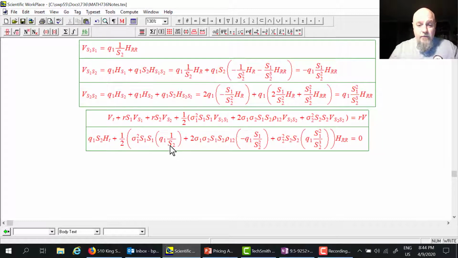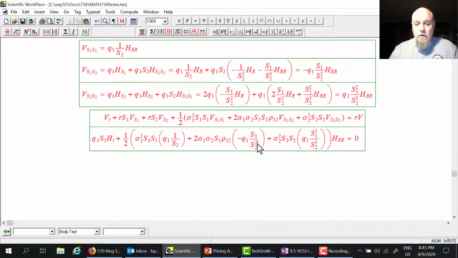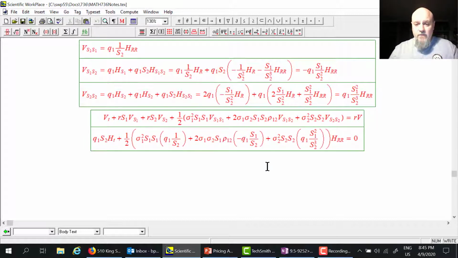Well, I can cancel this S2 with this S. Oh, no, that's S1 squared. What other sort of tidying up can I do? I can cancel one of these S1s. I can cancel that S2 with that S2. I can cancel two of these S2s with two of those S2s.